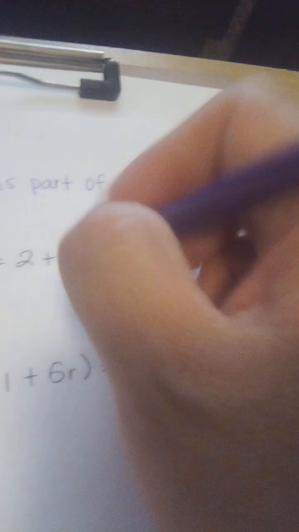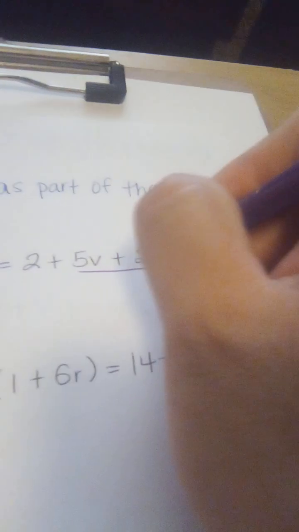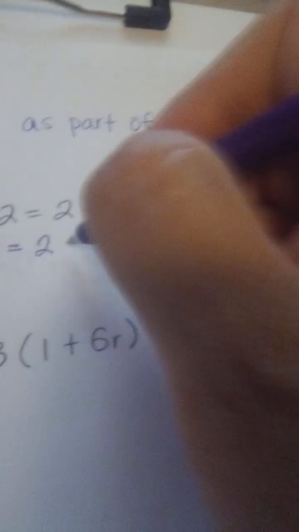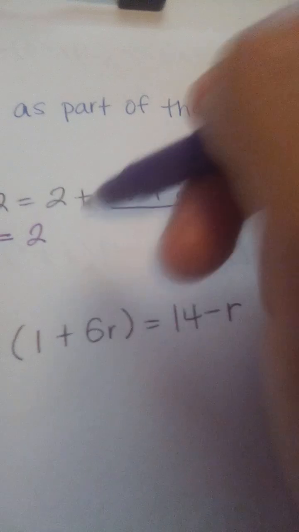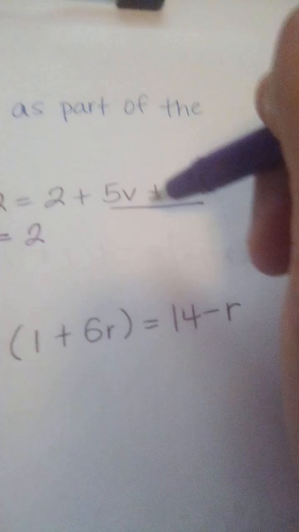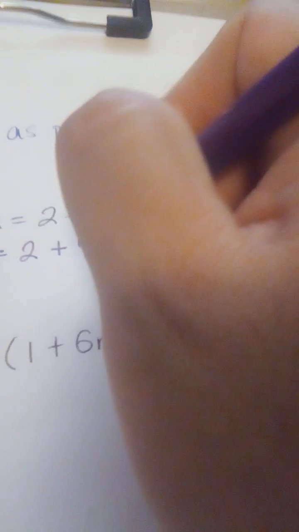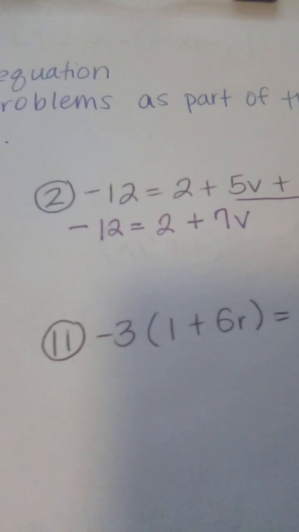Very good. We combine these terms first. So we have negative 12 equals 2, and this will be a plus in front of it, right? What's 5 plus 2? 7, plus 7v. So far, so good.